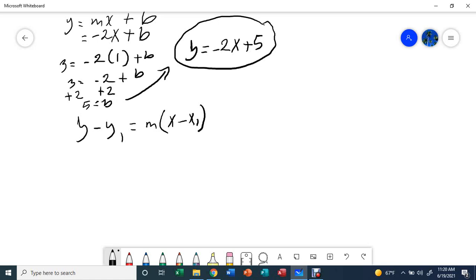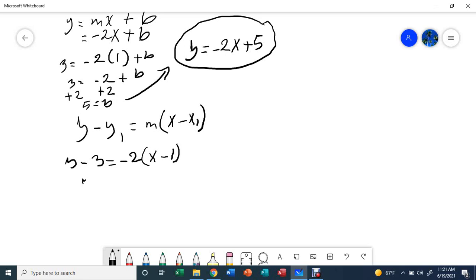So we have the points (2, 1) and (1, 3). I'm just gonna go with the (1, 3) point. So y minus 3 equals negative 2, which we just found, times x minus 1.